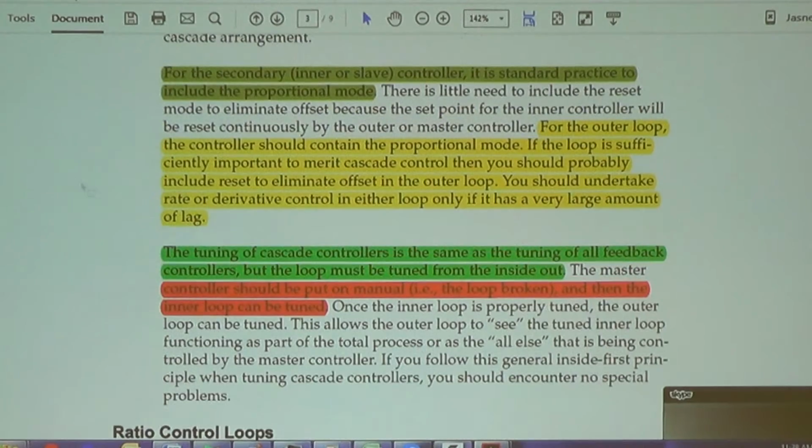Right? So, derivative action always is introduced into the system to make the response of the system faster.